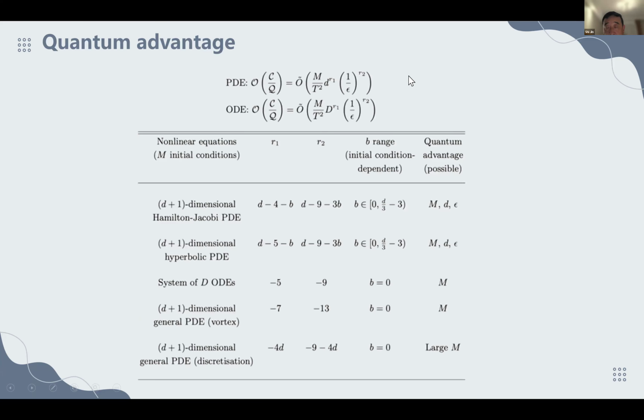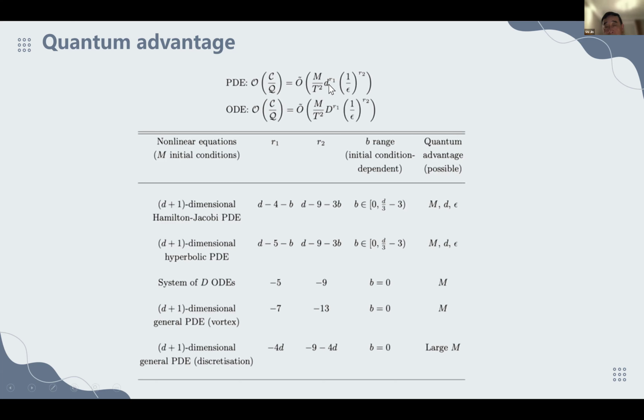And then, of course, when you have a quantum algorithm, you have to make sure that you get quantum advantage. So here we make comparisons. If you have a quantum algorithm based on our formulation, then you compare with the cost of the classical one. Essentially here we have a table where the classical cost over the quantum cost, C over Q, you get d to the power R1, where d is the space dimension.